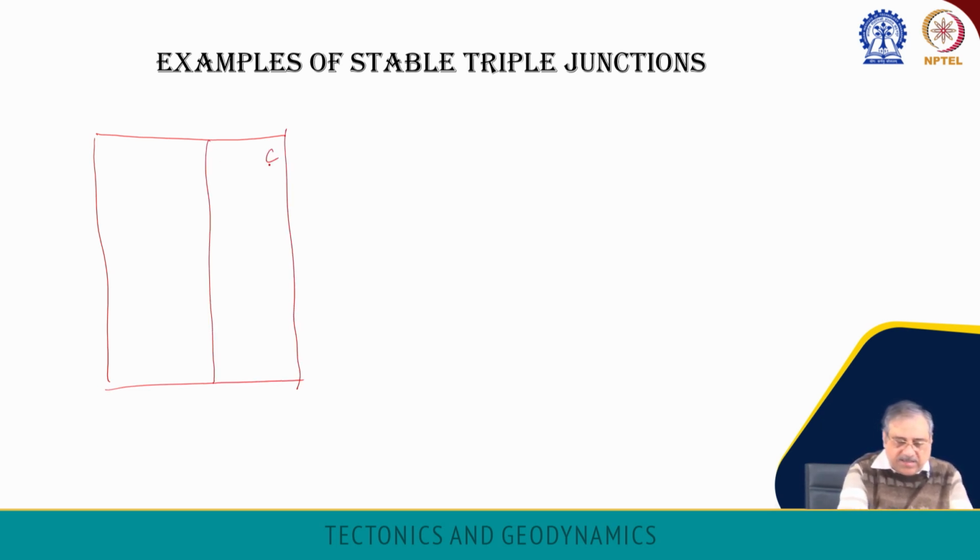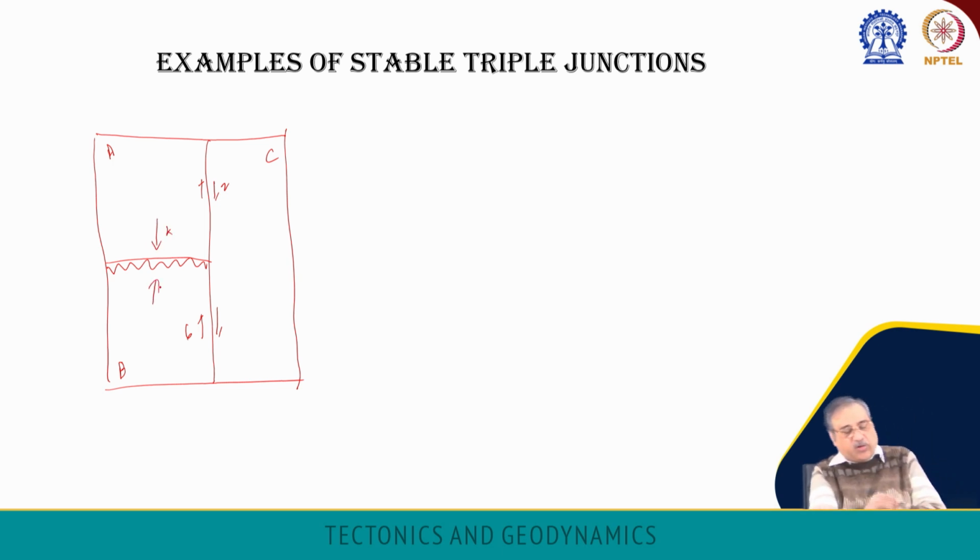You had plate C, plate A, I think this was plate B, this was plate A, and we had a subduction zone here. This was at, if I remember, 6 centimeters per year, and this was a smaller one at the rate of 2 centimeters per year, and this was 4 centimeters per year.